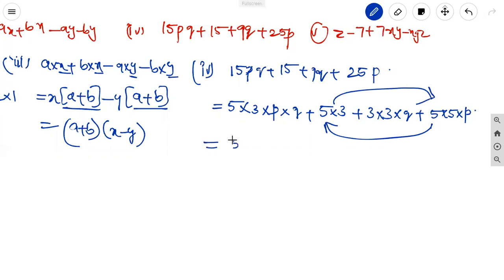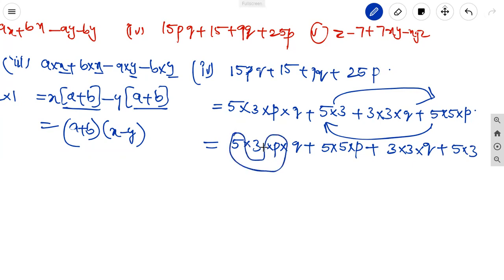So it is equal to 5 into 3 into p into q plus 5 into 5 into p plus 3 into 3 into q plus 5 into 3. Then from the first two, 5p is common. We can take out 5p.